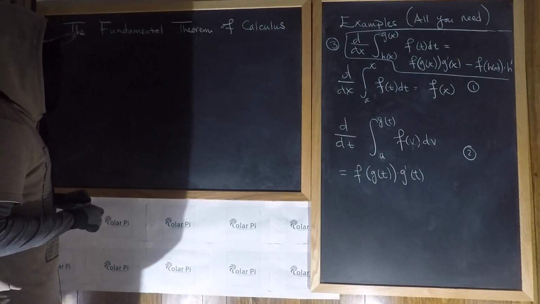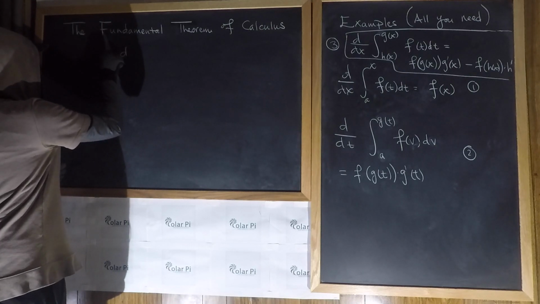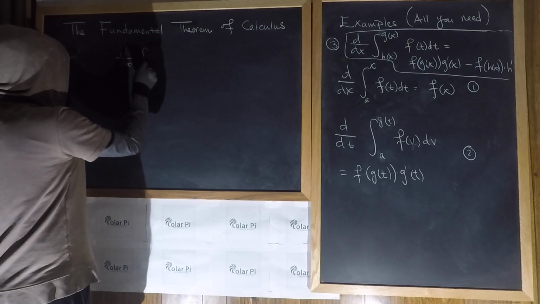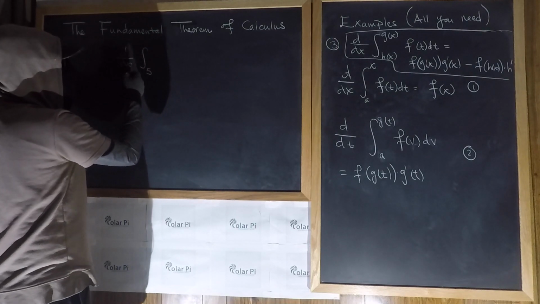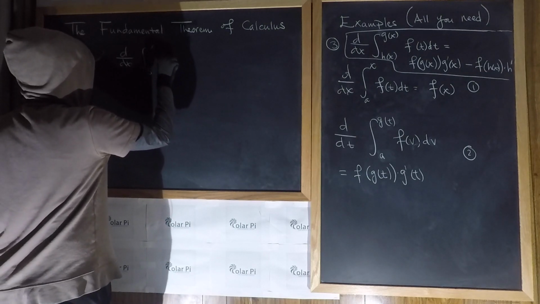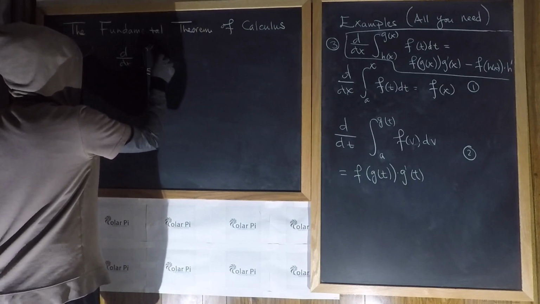Okay, so the first one, that's simple. Say you're given d/dx of the integral from 5 to x of sine t dt. Let's get fancier.